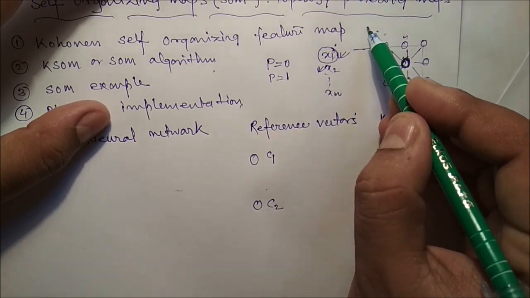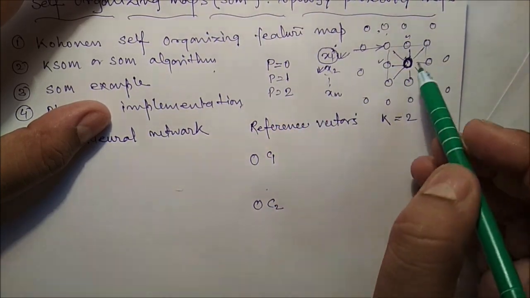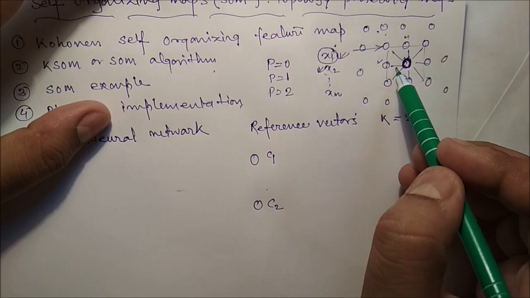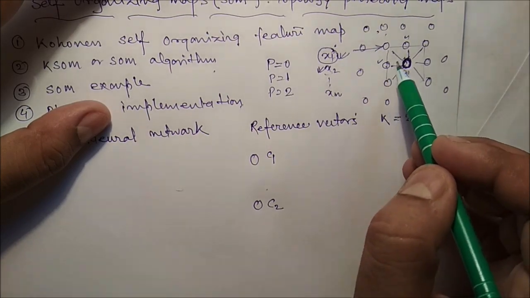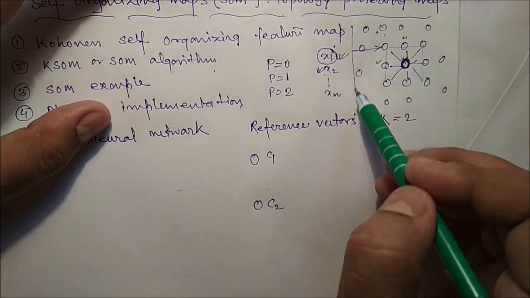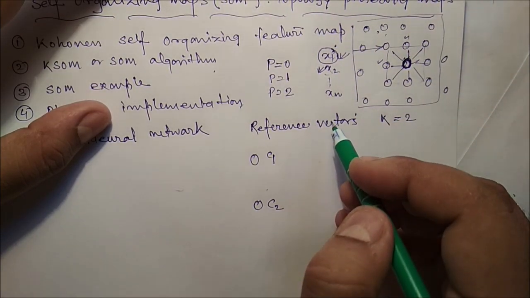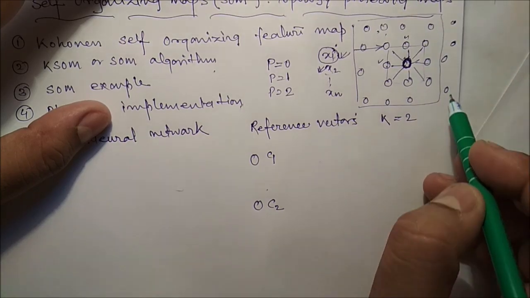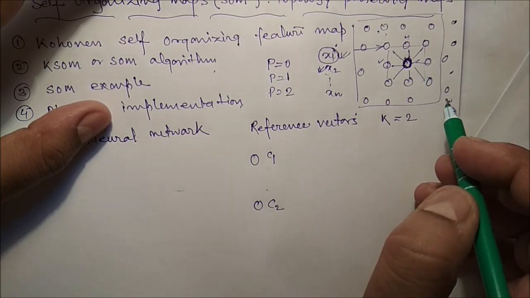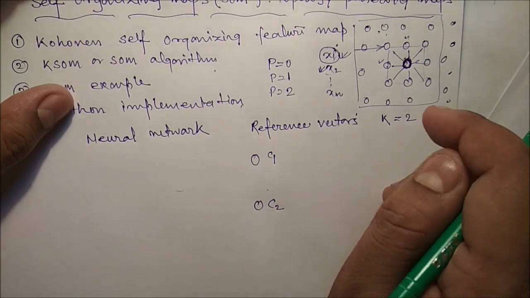Now let us say we have some more neurons and set p equal to 2, that means we select two neighbor neurons on every side. So we update this one as well as these neighboring neurons. We assume that some more neurons are there, which we should not take. Okay, now this is the concept.